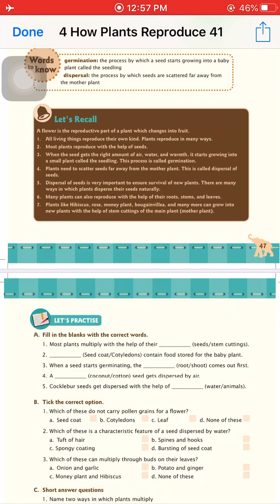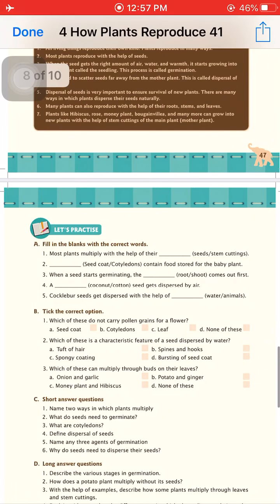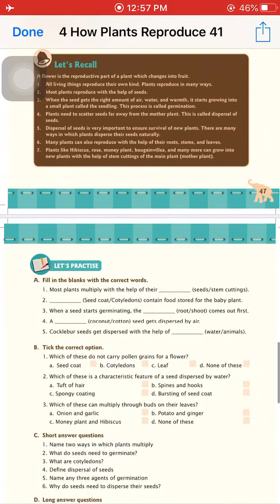After the root, the part that comes out is the shoot. Fourth: the seed that is dispersed by air is cotton. Fifth: cockleburr seeds get dispersed with the help of animals.